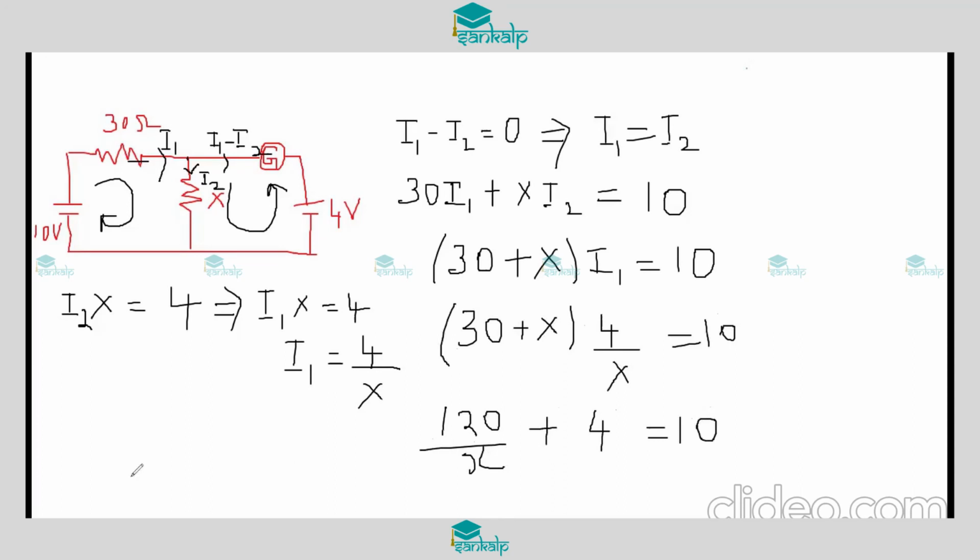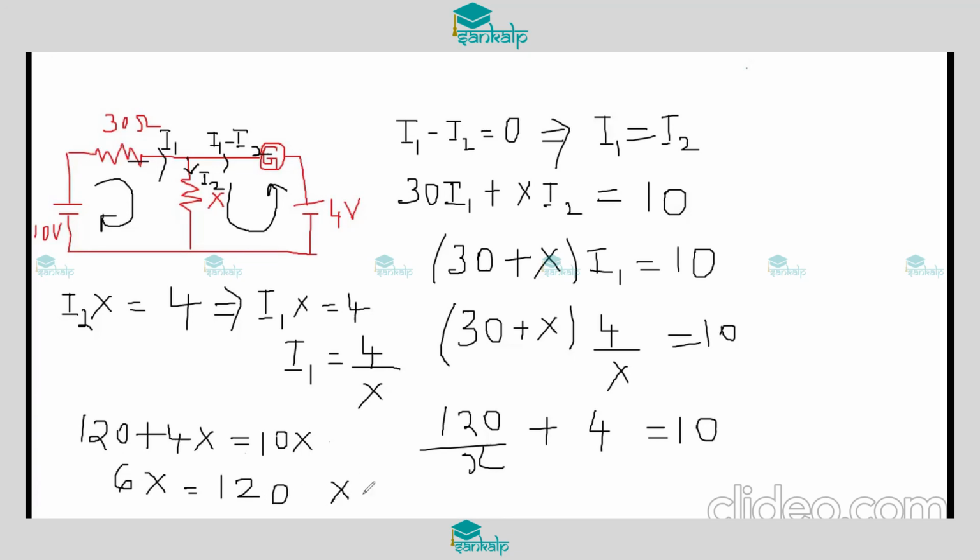So again X is the LCM. So what happened? 120 plus 4X is equal to 10X. Okay, I took the LCM and simplified. When 4X is shifted to this side, 10 minus 4 will be 6X. 6X is equal to 120.